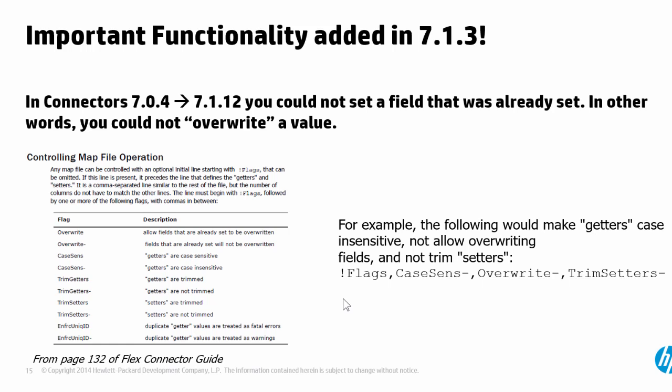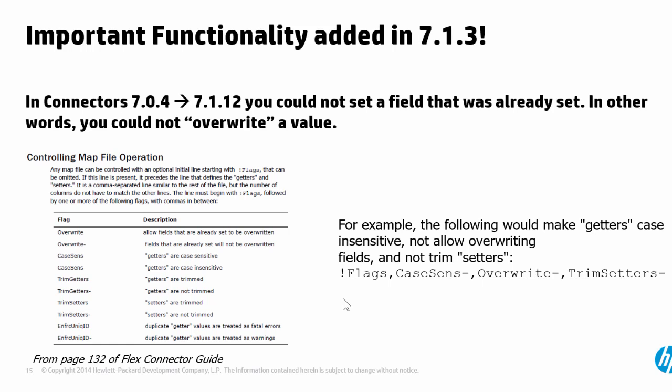But in 7.1.3 we've actually added the notion where you can control the map file operation, and here you'll see this is from page 132 of the Flex Connector guide, where you can actually set some flags for individual expression map files. And what this means is you start off with an exclamation mark, flags, then commas separate the different flags you're interested in.